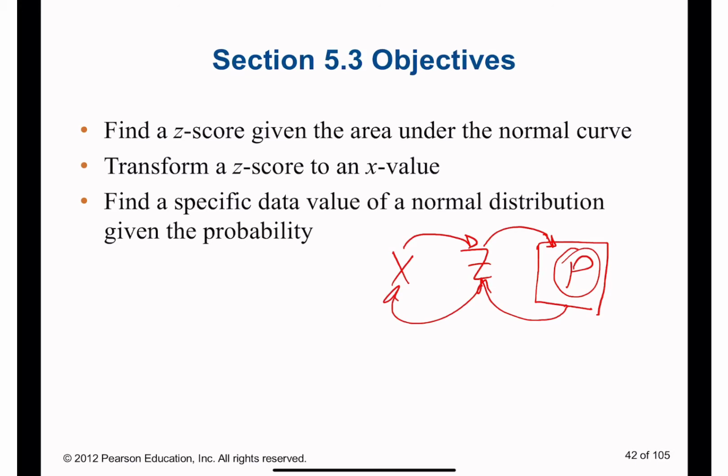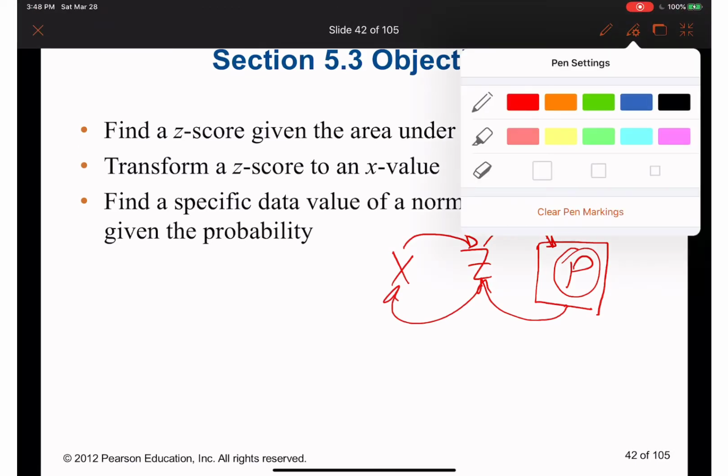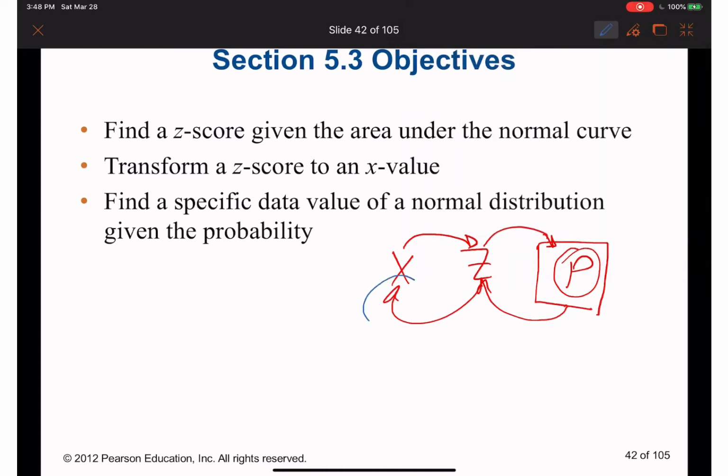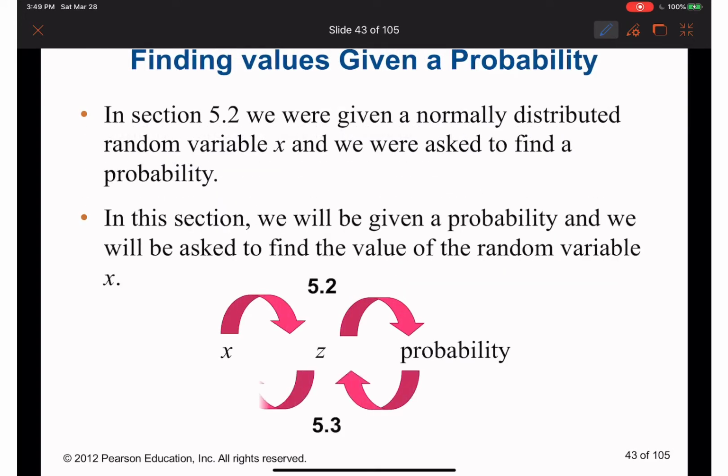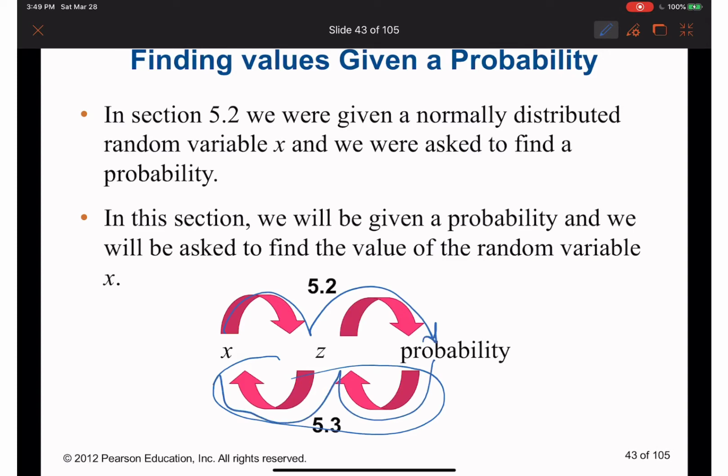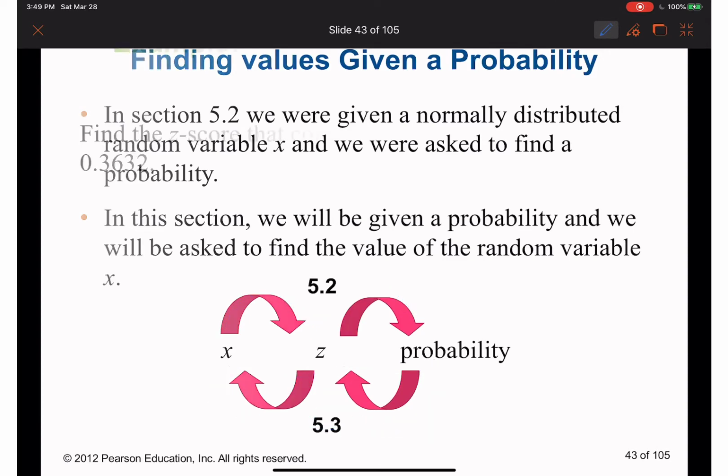This is the piece we are going to work with today, going backwards. Precisely the same thing: we know how to get from z-score to probability, and now we're going to go from probability to z-score.